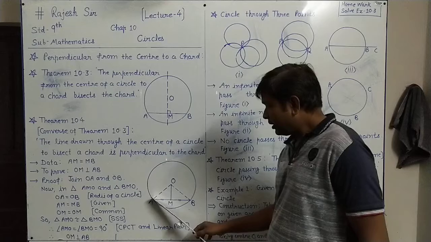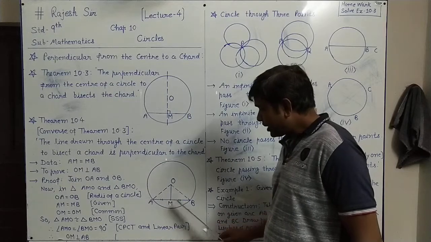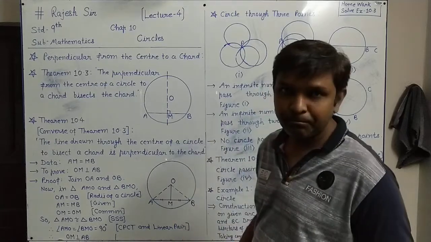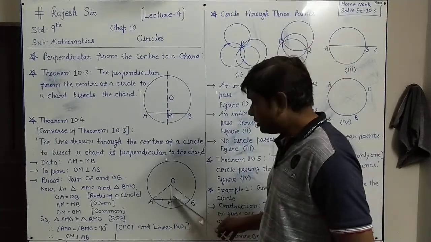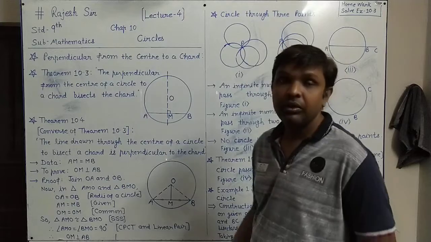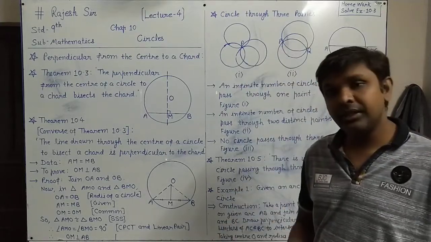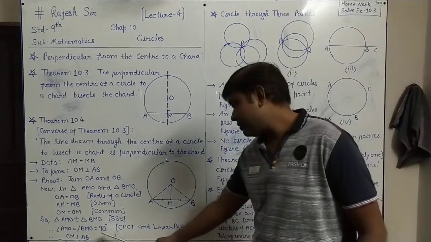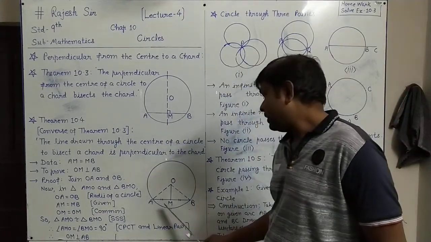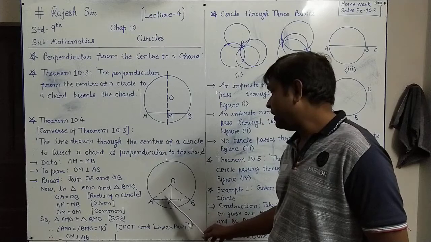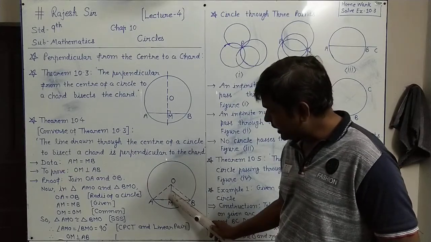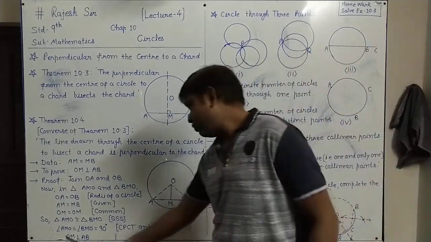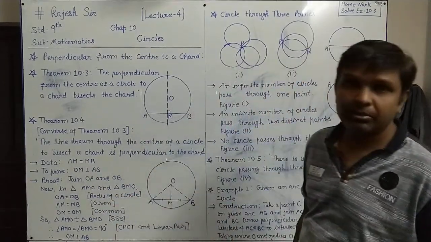You can see angle AMO and angle BMO, so the sum of these two will be 180, and they are equal also. If they are equal and their sum is 180, each angle will be 90 degrees. So if AMO is 90 degrees, OM is perpendicular to AB. That is the proof.